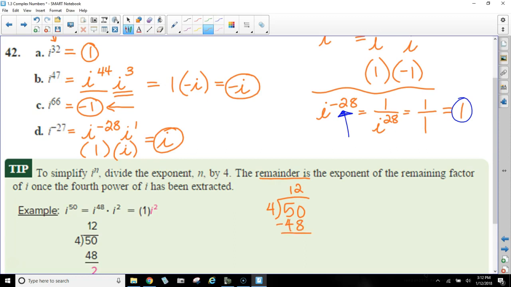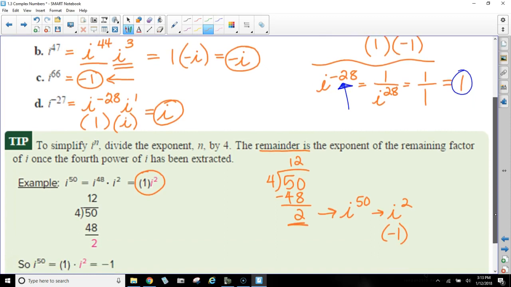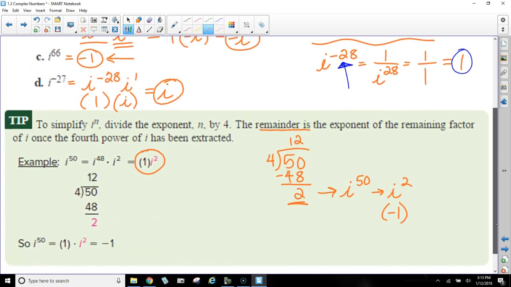When you subtract to find the remainder, it's 2. And so i to the 50th is going to be the same thing as i to the remainder of 2, and i squared is negative 1. And that's what we would get here as well. So you might want to do that division to simplify those types of problems.